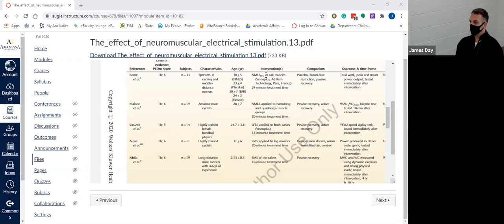But it is very possible that there are differences between different techniques, different treatment times, different applications. So we need to describe that to our reader.